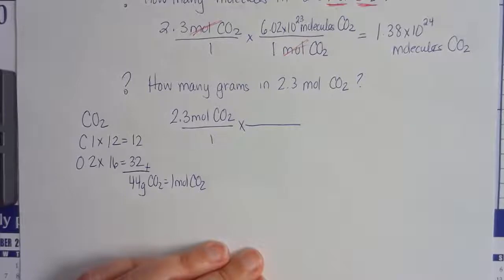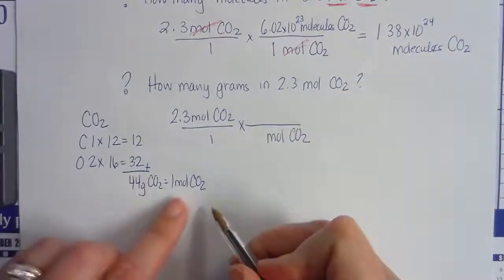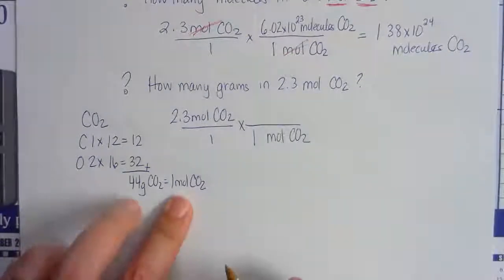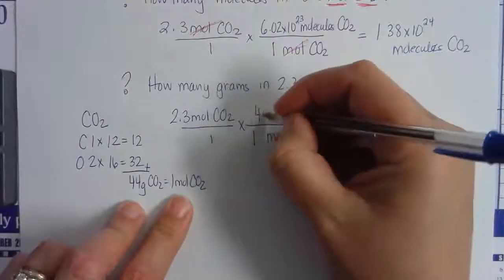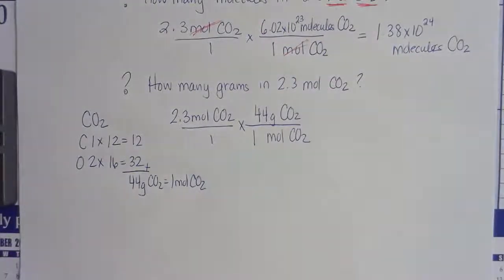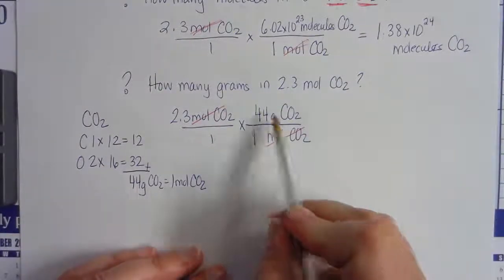Okay. What unit goes on the bottom of this fraction? The moles of CO2. So we have here in our calculation 1 mole of CO2 and 44 grams CO2. Let's check our units to make sure we've canceled what we needed to. Do we have the unit that we were seeking?